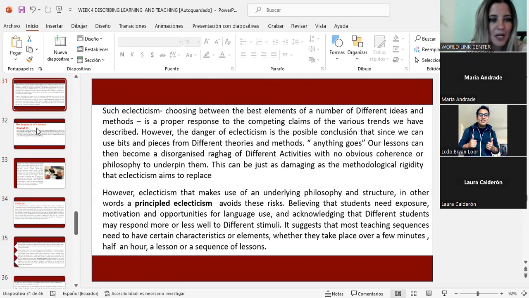Here, I have two topics because of time, but we're going to make a review. In the next class, we're going to look at personalization and eclecticism. This is something that you have to know, and we're going to explain that.